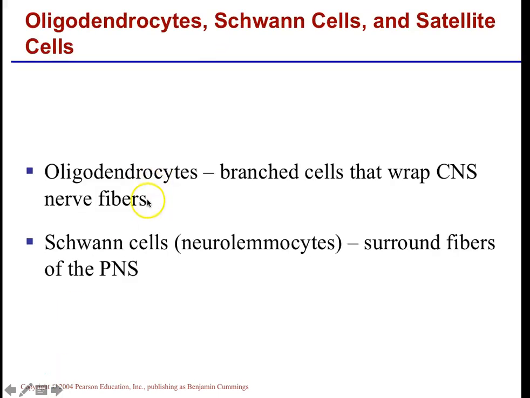Now, the two that are about providing insulation, the myelin sheath, which we'll talk about in more detail in a few minutes, are the oligodendrocytes, which are glial cells in the central nervous system, and Schwann cells, which are glial cells in the peripheral nervous system. More about them later.